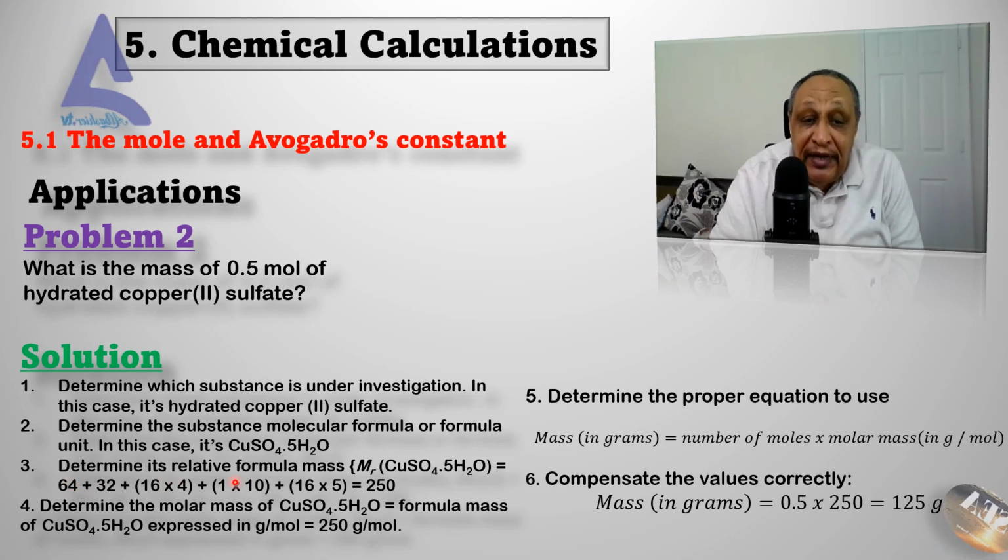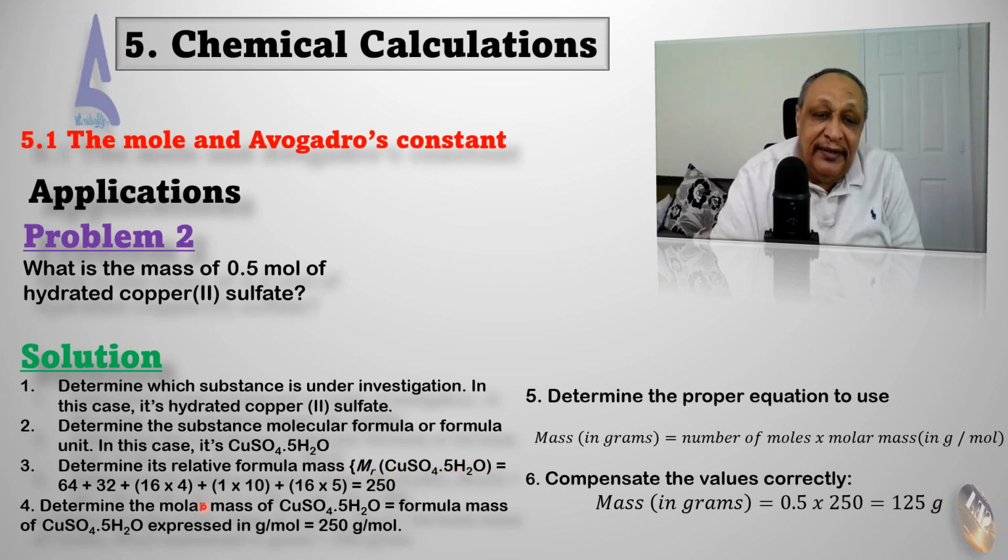Determine its relative formula mass. I'm going to do this formula mass by very simple math. It is 64 for copper and 32 for sulfur, because both of them are only one atom. So this is the relative atomic mass for both of them.